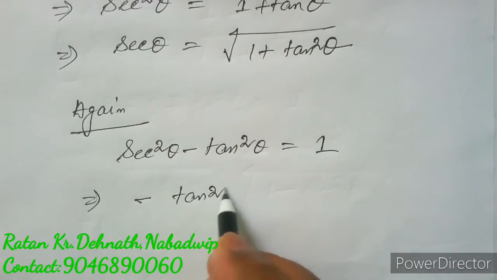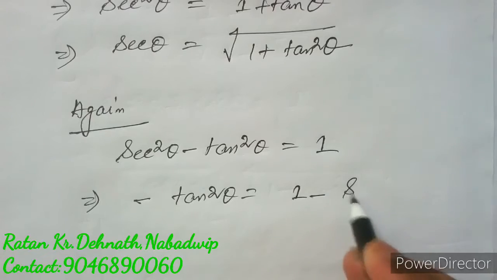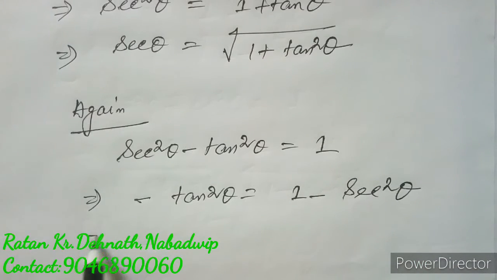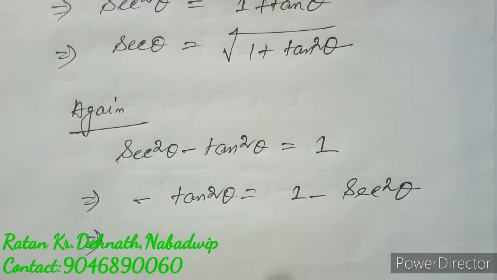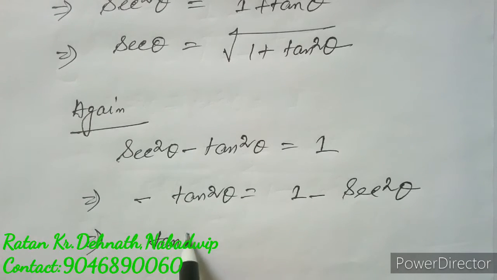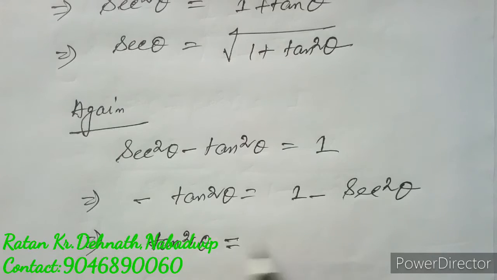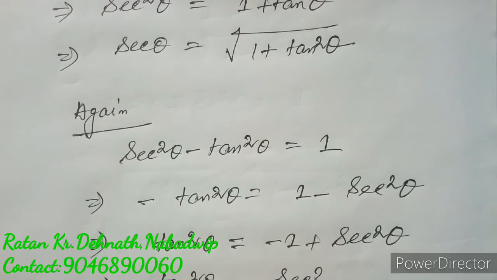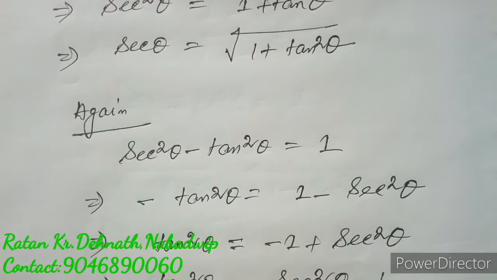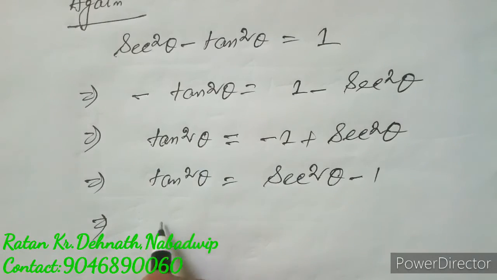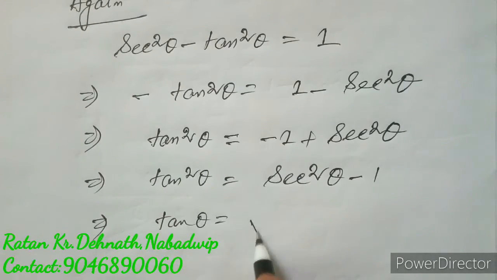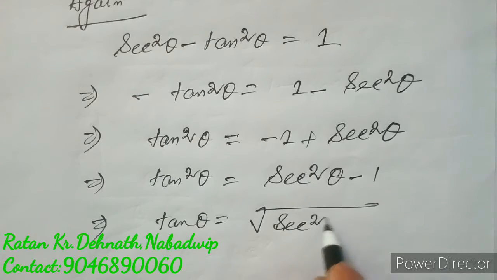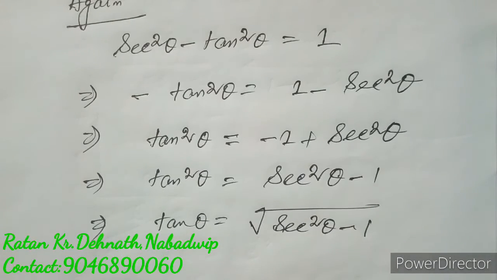So minus tan square theta equals to 1 minus sec square theta. Multiplying both sides by a negative sign, we get tan square theta equals minus 1 plus sec square theta. So tan square theta equals to sec square theta minus 1, or tan theta equals to root over sec square theta minus 1.